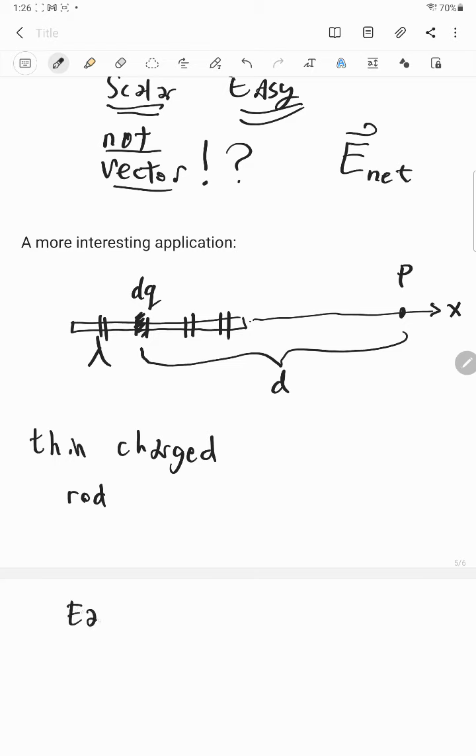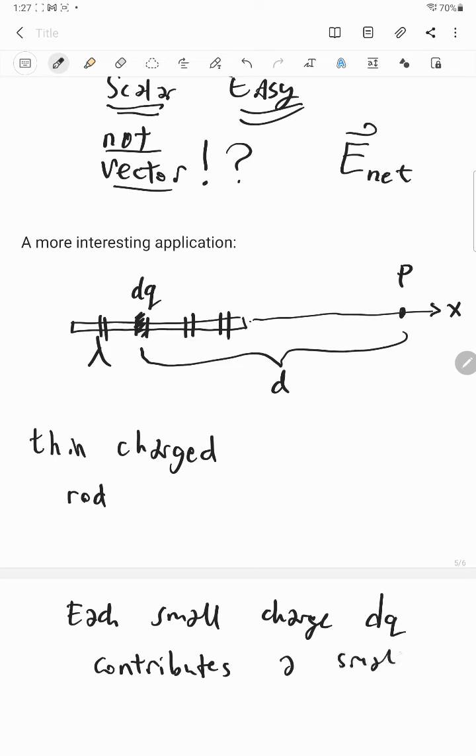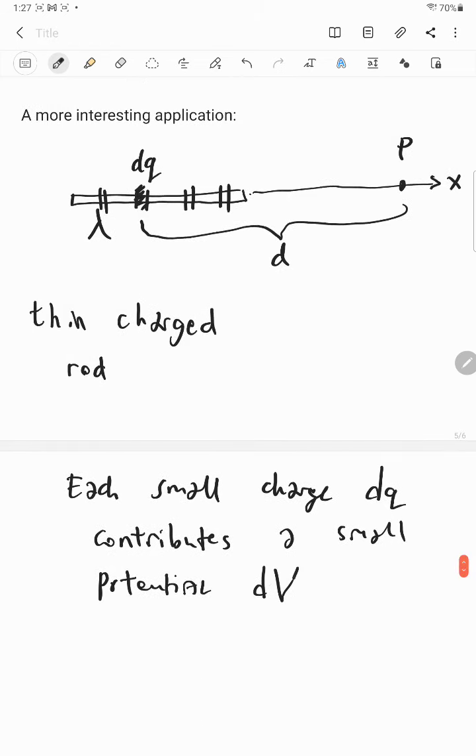So each small charge dq contributes a small potential dV, right? So this is not d volume, but d potential. So a small calculus contribution called dV at P.